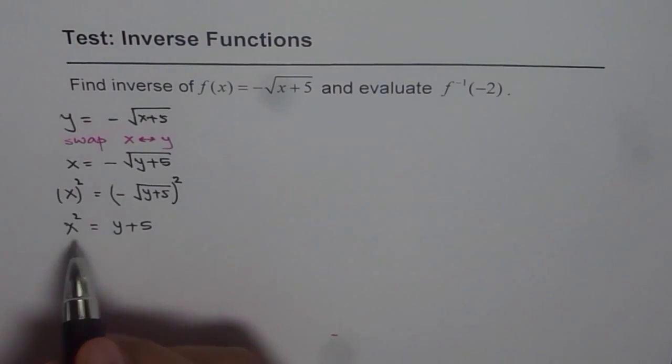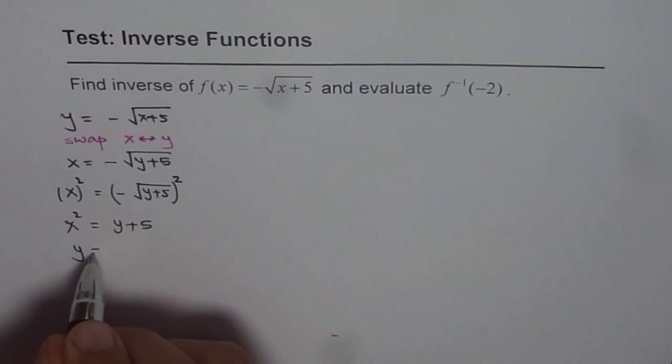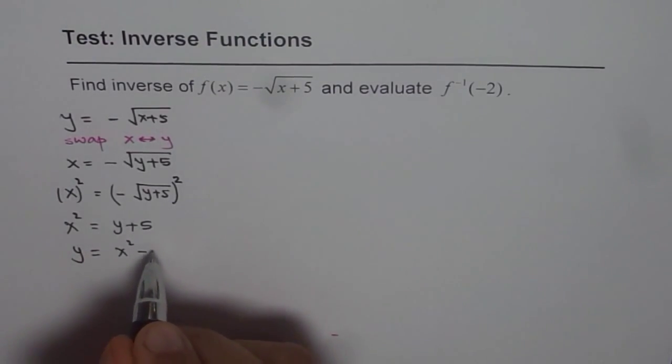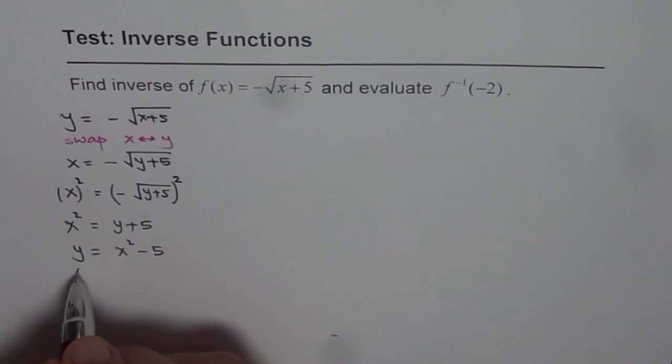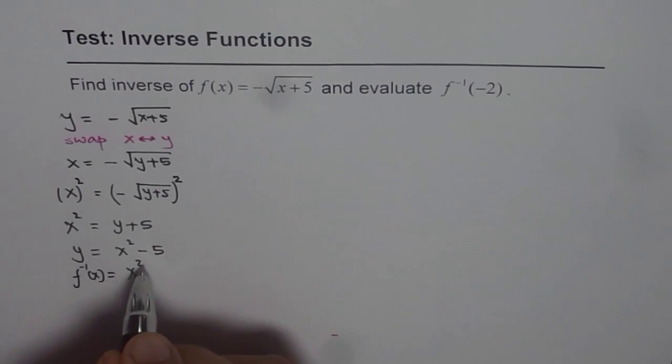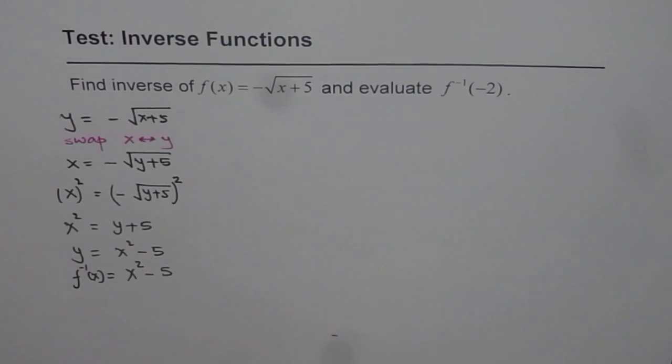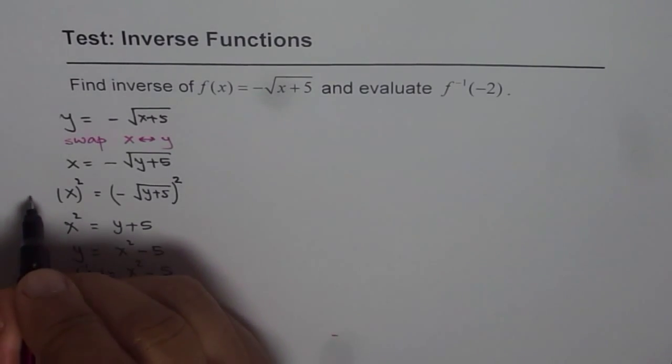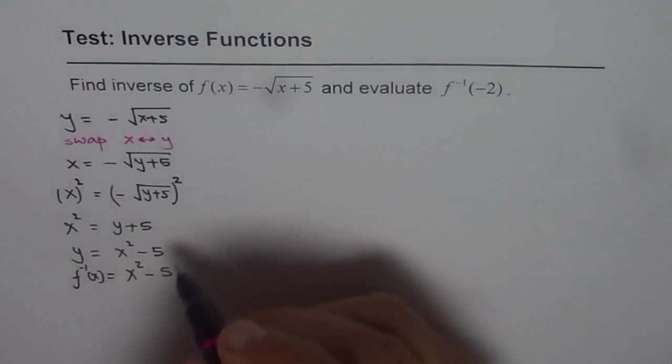Now I can solve for y, and I say y equals x square minus 5, and I can write this as f inverse x equals x square minus 5. Now at least the good thing is I know there is a possibility of error at this stage.